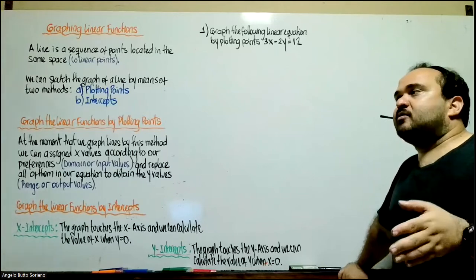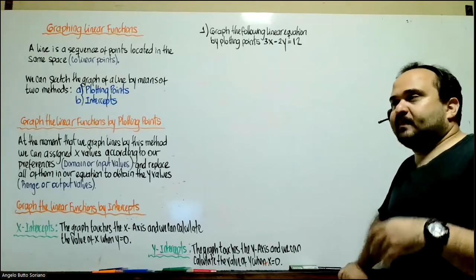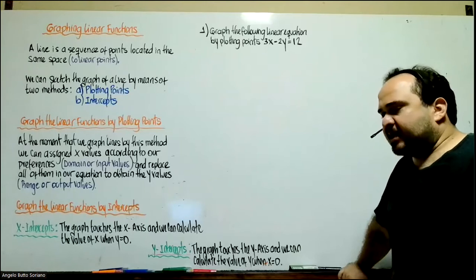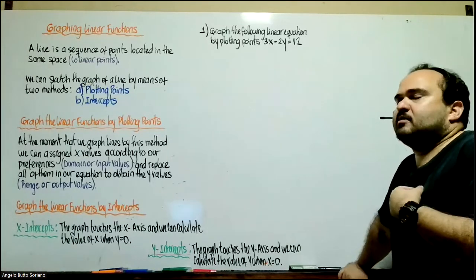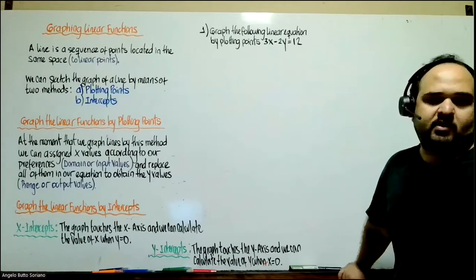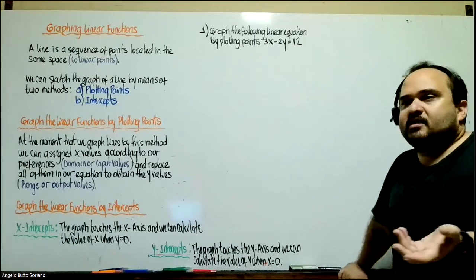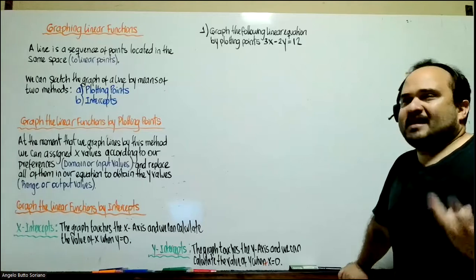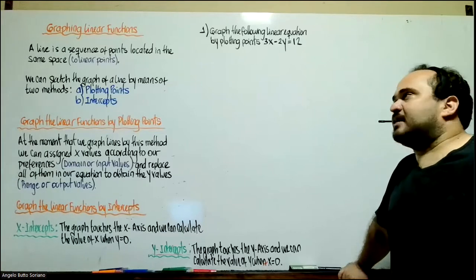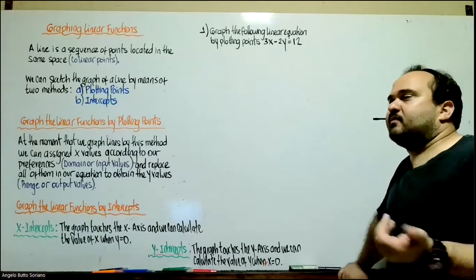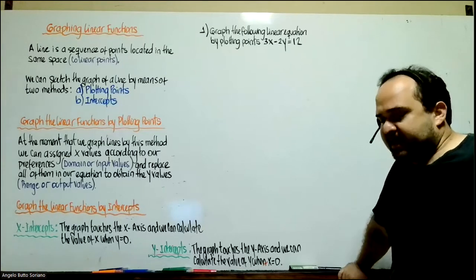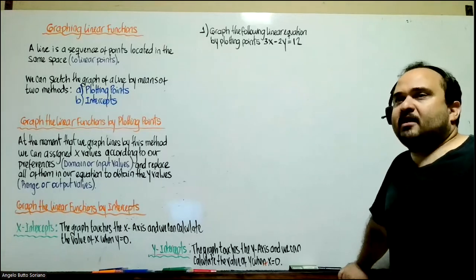The table of values can be written in a horizontal or vertical layout. To the left side, we assign the x values, depending on convenience, positive or negative values. Those values we can name the domain or input values.